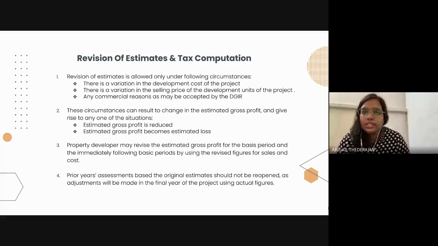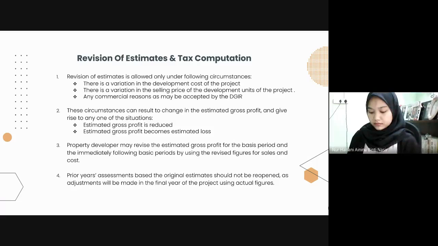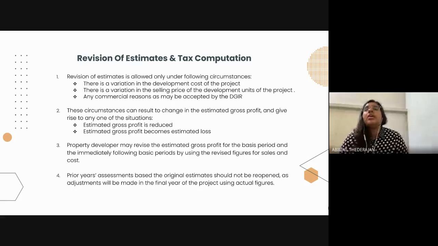And the third is any computation reason that may be acceptable by the DGIR. Maybe there are certain reasons that are acceptable by the ruling, and they can revise the estimation.